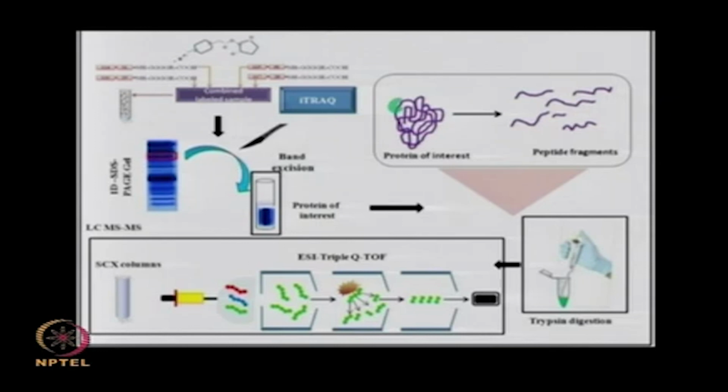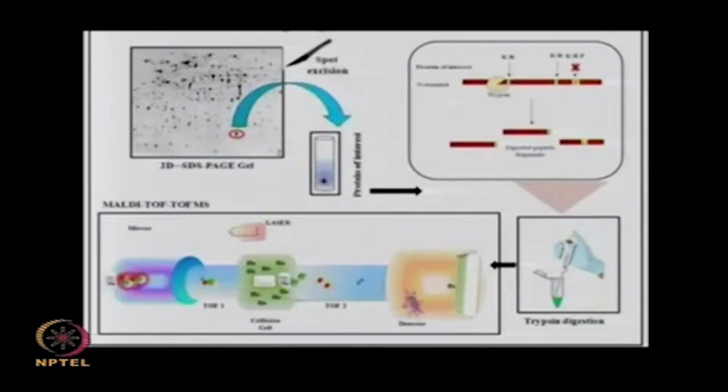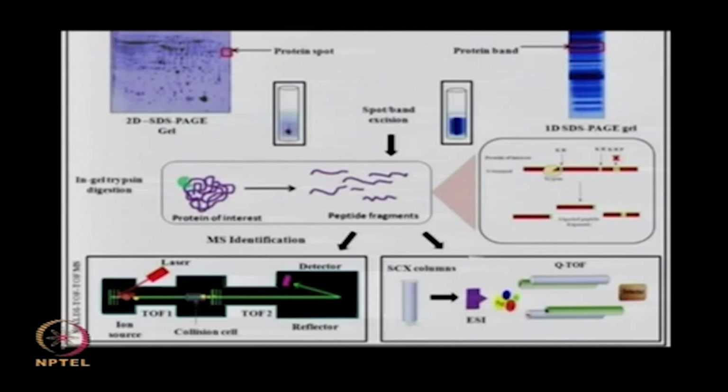The gel based techniques increase the dynamic range of analysis, since they involve sequential separation of proteins based on the molecular weight, lower to higher molecular weight. The mass spectrometric identification of the target protein greatly depends on the efficacy of the in-gel digestion process that generates a mixture of peptides from the target protein through proteolytic digestion.